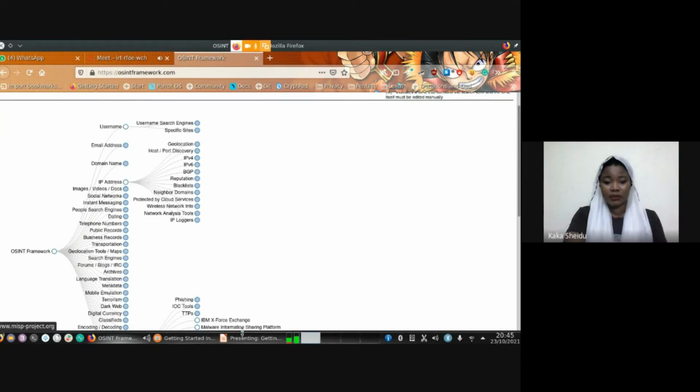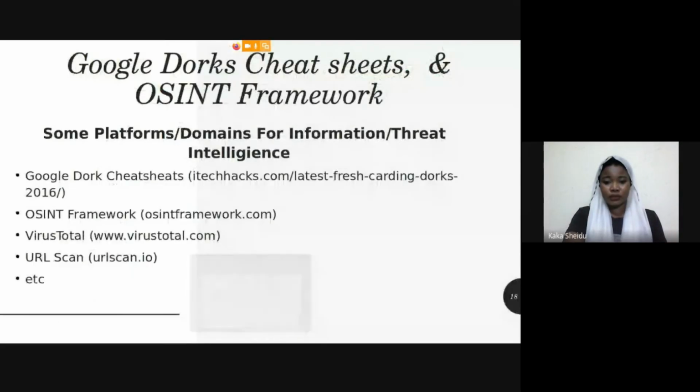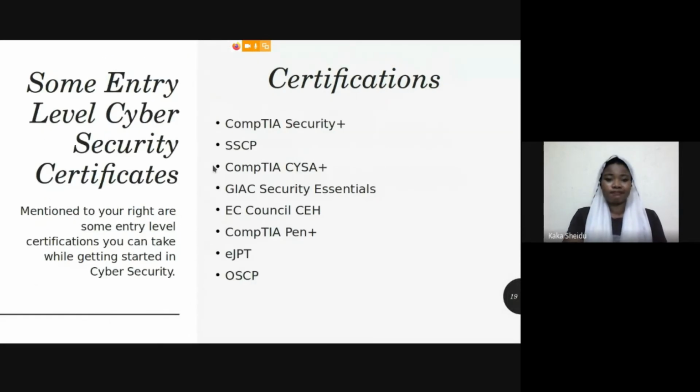So let's go back. We are almost at the end of the presentation of this session. So let's talk about certifications for entry level. Once you're done with school, or if you're not even studying cybersecurity at all, you can have some entry level jobs in cybersecurity if you have the CompTIA Security Plus certification.